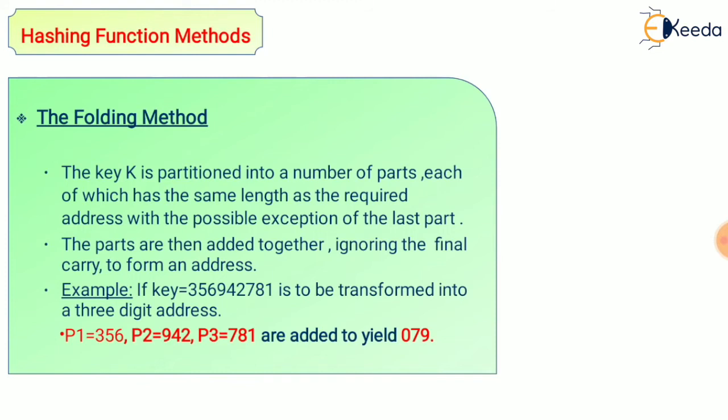Now you can understand with the help of an example. So the key is partitioned into a number of parts, each of which has the same length. And then these parts are added together while ignoring the final carry to form the address.